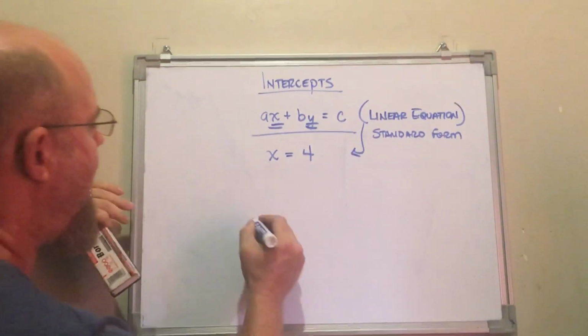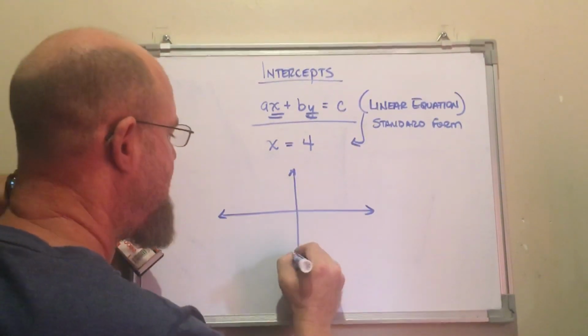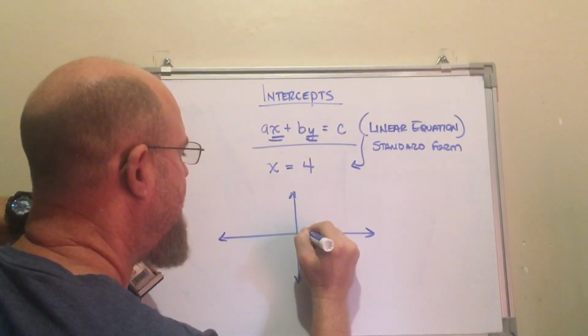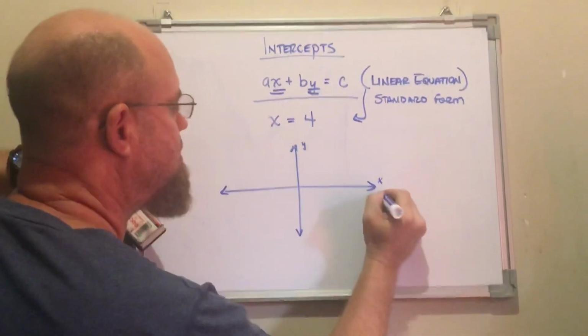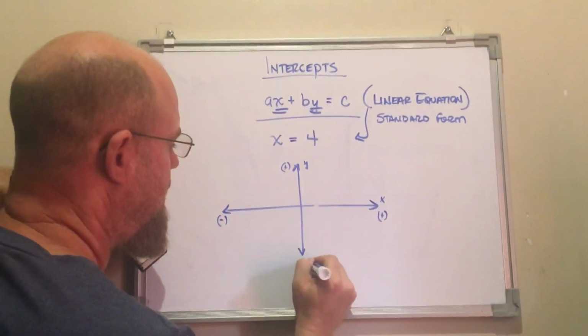Well, how do you graph x equals 4? Well, we need to find where x equals 4. So this is the x-axis, y-axis, positive, positive, negative, and negative.